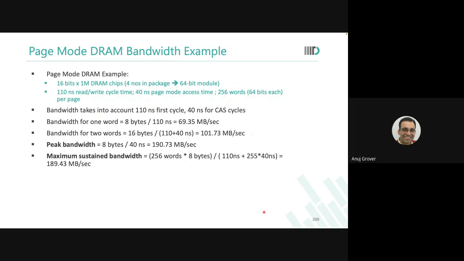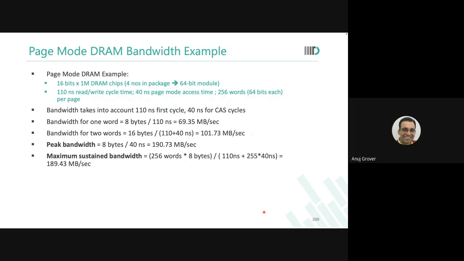What is the width of one word? 64 bits, 8 bytes. And what is the TCAS or whatever is given? 40 nanoseconds. So the peak bandwidth is 8 bytes upon 40 nanoseconds, which is equal to 190 megabits per second.